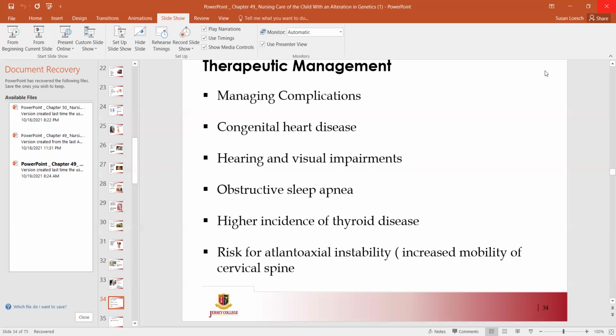Any unusual neck pain, unusual posturing of the head, change in gait, loss of upper body strength or abnormal reflexes, any change in bowel or bladder functioning noted in the child with Down syndrome should be reported and evaluated immediately.